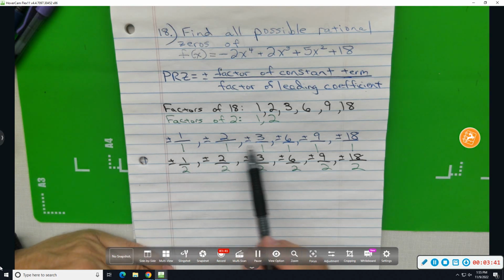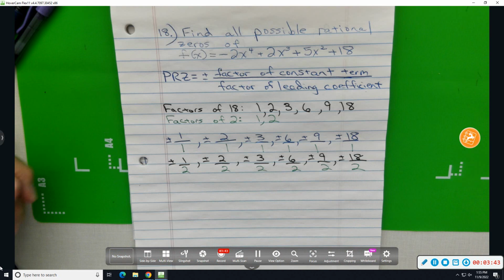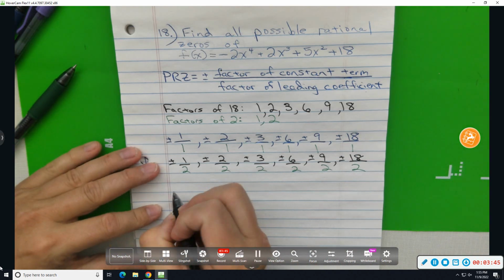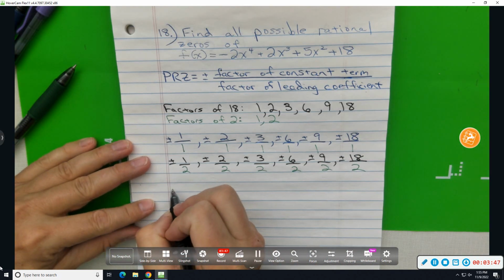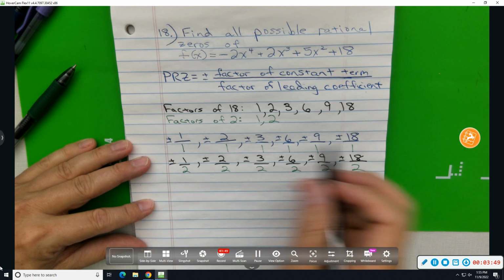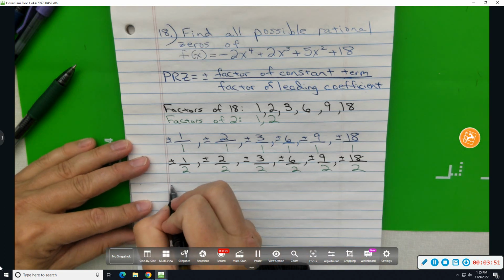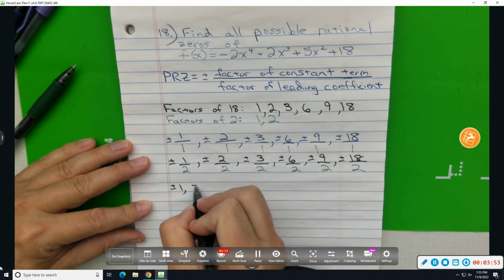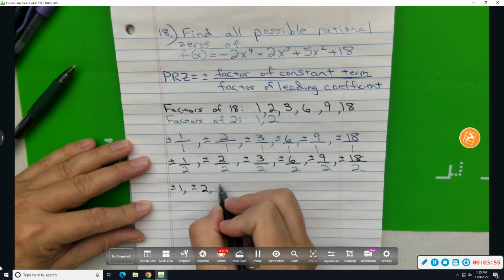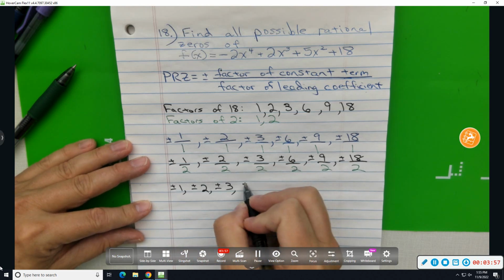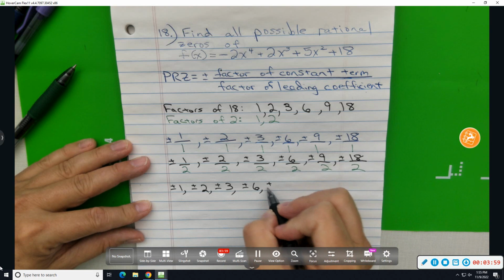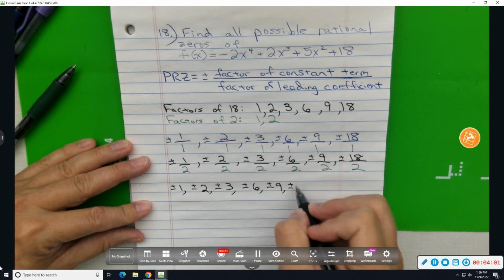For instance, every one of these that's over 1, we can just drop the 1. So I'm writing up my final answer now, cleaning up these fractions, simplifying the ones that I can. We'd have a positive or negative 1, plus or minus 2, plus or minus 3, plus or minus 6, plus or minus 9, and a plus or minus 18.